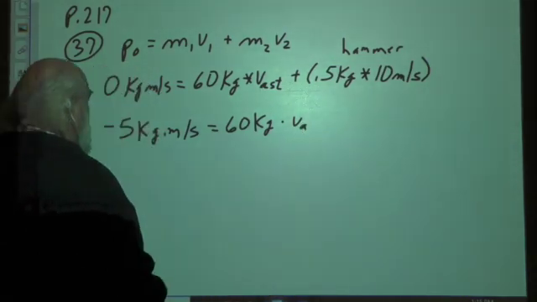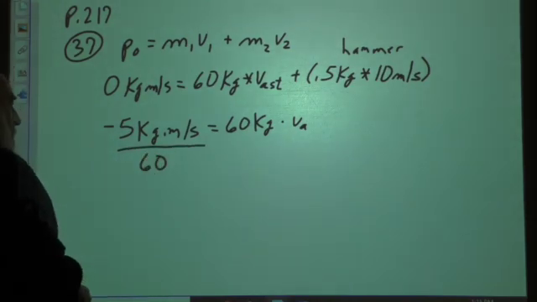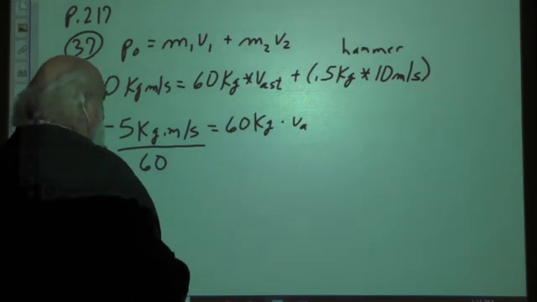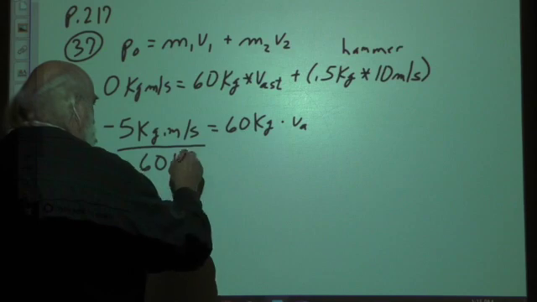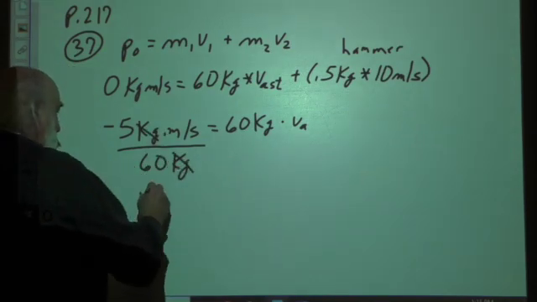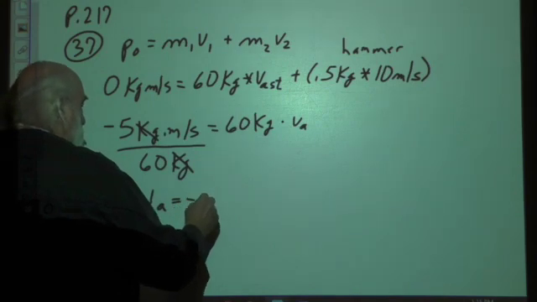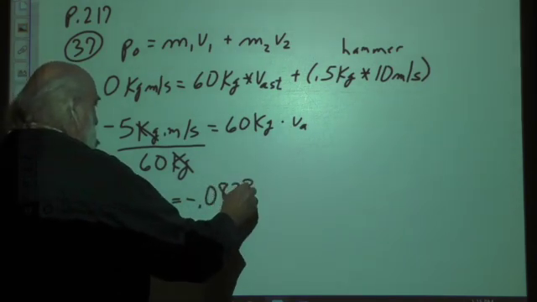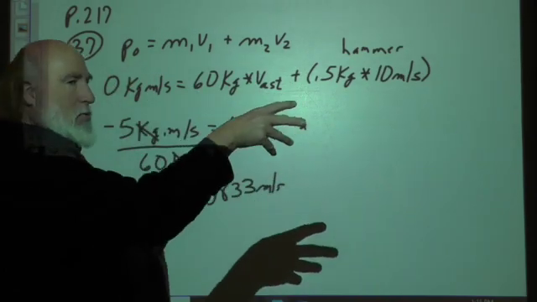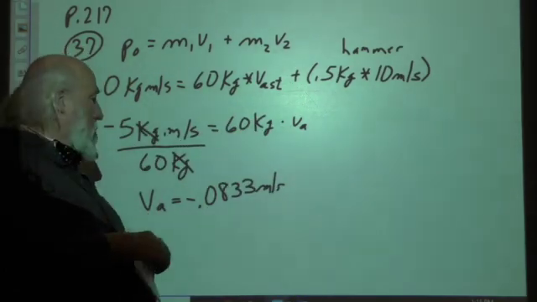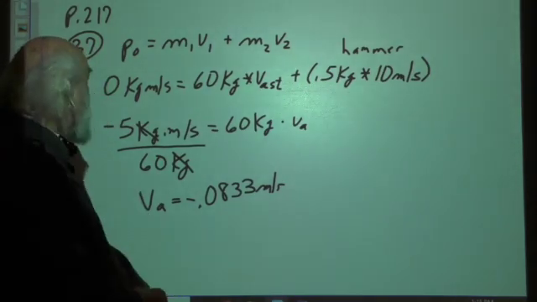We divide by 60, the kilograms cancel out, leaving meters per second. So the astronaut velocity is going to be negative 0.0833 meters per second. While that thing's buzzing along at 10 meters per second, he's slowly going to go backwards at less than a tenth of a meter per second.